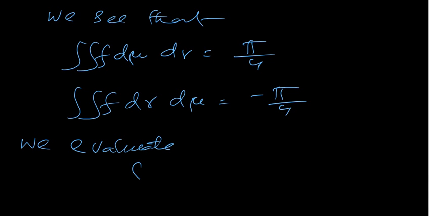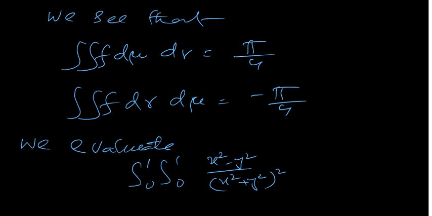evaluate integral 0 to 1, the function is x square minus y square divided by x square plus y square whole square. We'll integrate it first with respect to x, then with respect to y, and we'll see that its value is equal to pi by 4.